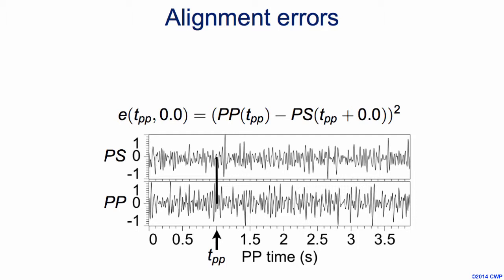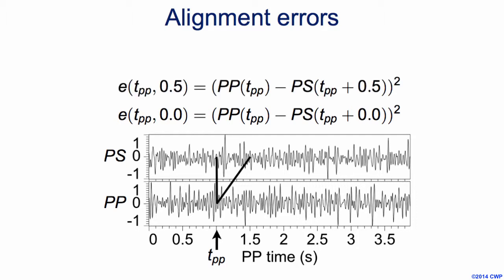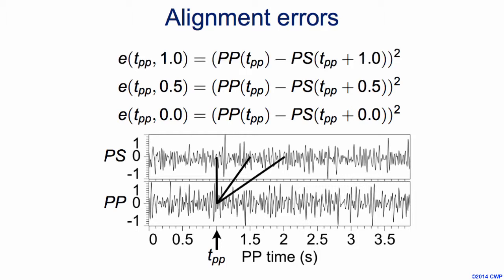So the shift here says 0.0. And we could do that again for a shift of 0.5. So these are alignment errors. You'll notice it's just the difference between samples of the PP and the PS traces shifted. And here's the third one. So now that's just 3 of many possible combinations.